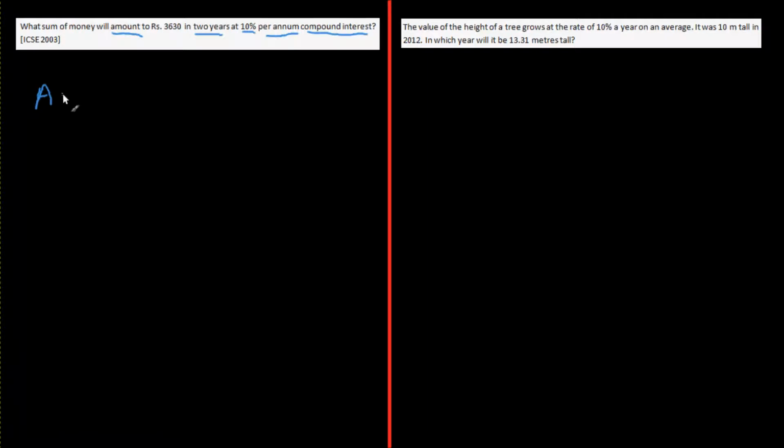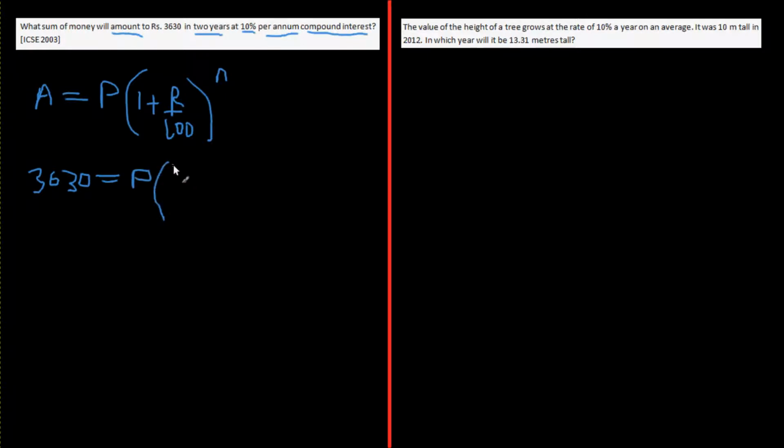So A is equal to P into 1 plus R by 100 raised to the power n. So this becomes 3630 is equal to P, which you have to find, into 1 plus rate is 10, so 10 by 100.